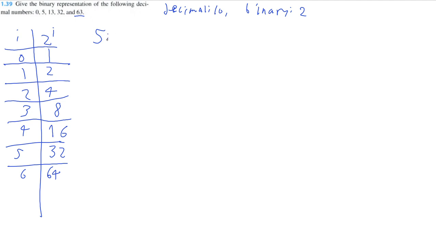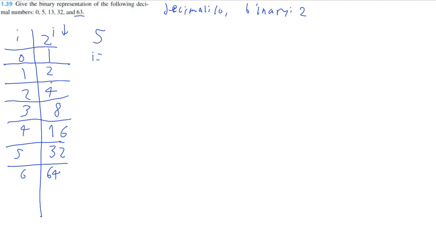I'm going to start with 5. So what I usually do is I'll write 5 and I'm going to write I equals below it. And the way this is going to work is we want to subtract the largest possible number from this 2 to the I column without making 5 negative. And we're going to repeat this until we get to 0.